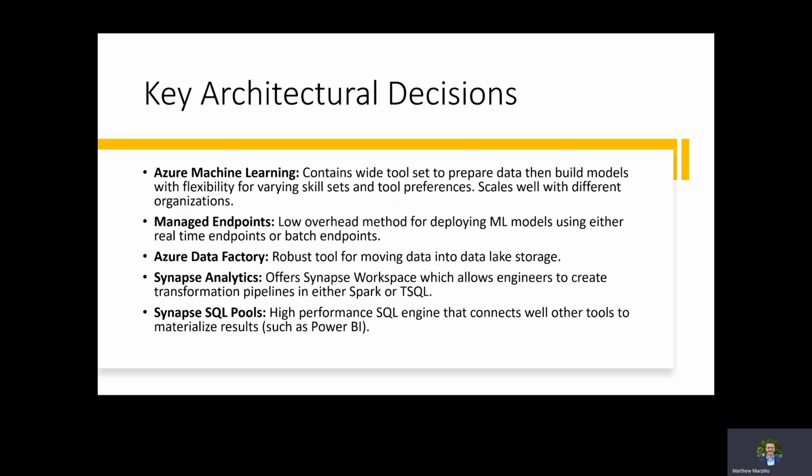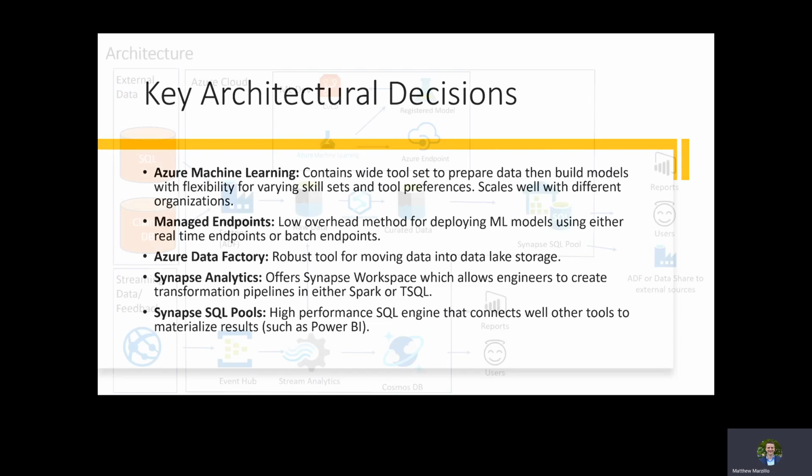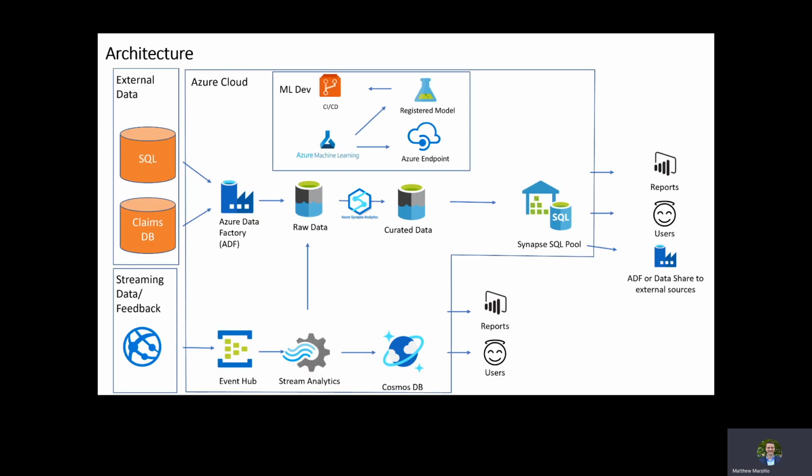The slide before this showed what the general architecture looks like, but I have a more detailed architecture here. I'm not going to go over this in too much detail, but what you have is basically a similar workflow, where you have this ML dev box up here, where you're leveraging Azure Machine Learning to register models and deploy to an endpoint, right?